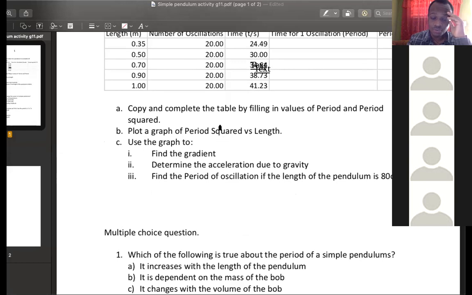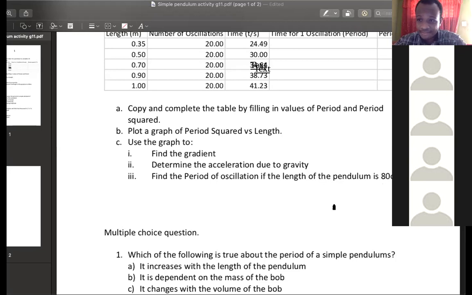So period squared would be in our y-axis and length would be in our x-axis. Just as in the lecture, right? Just as in the presentation a while ago. We find the gradient. We just did that, right? We determine the acceleration due to gravity, and then find the period of oscillation if the length of the pendulum is 80 centimeters.